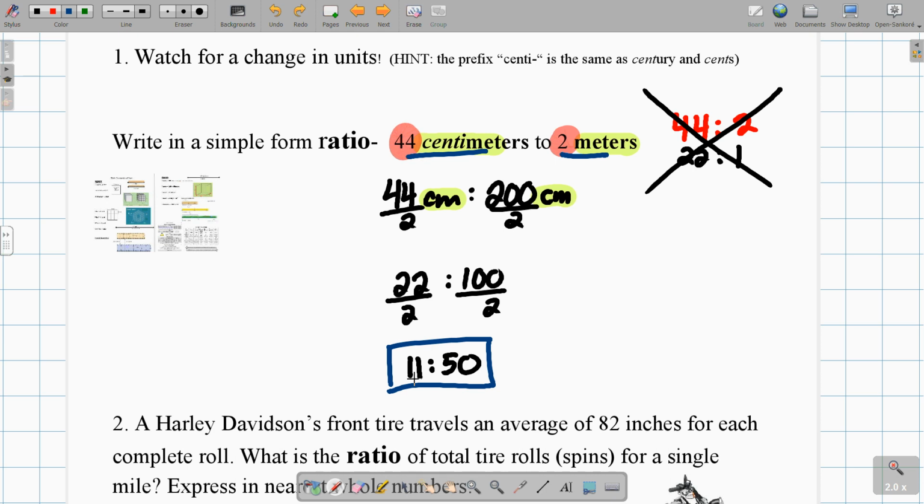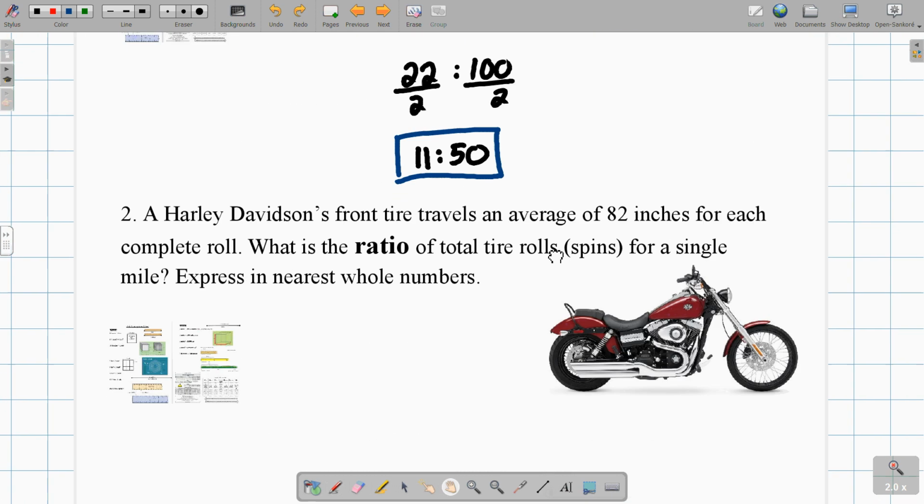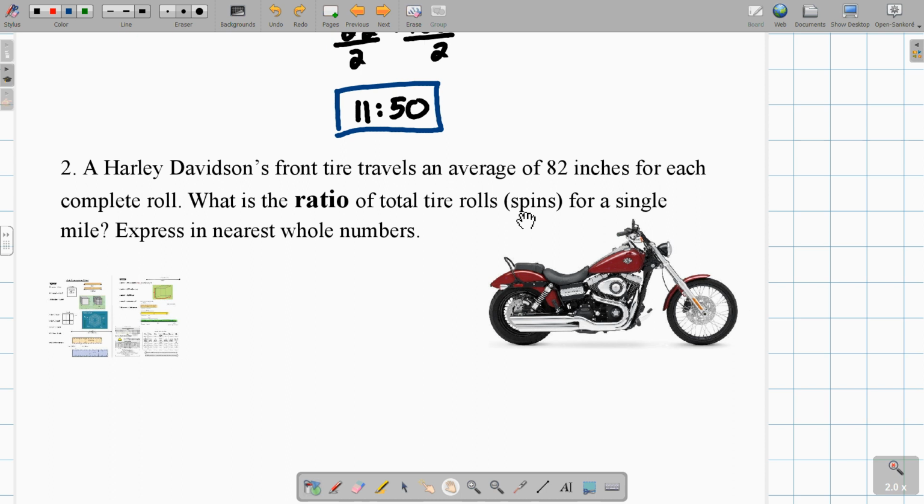This one, a Harley-Davidson front tire travels an average 82 inches per complete roll. That means when this tire rolls, it's going to travel every spin, if you will, or rotation, 82 inches.